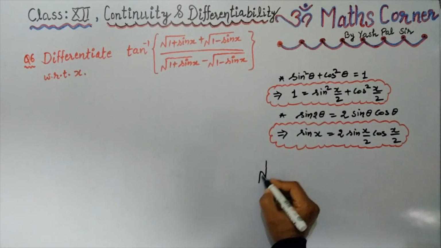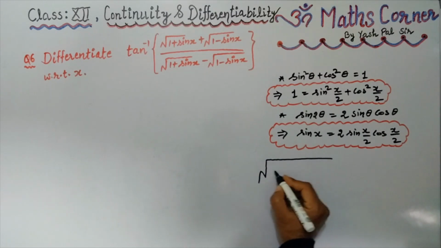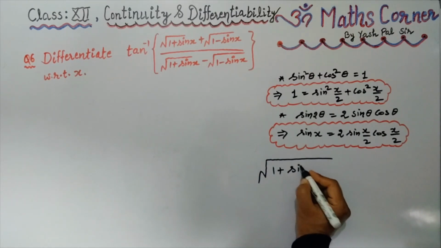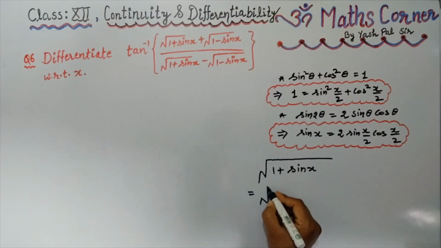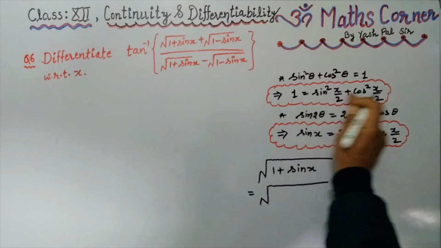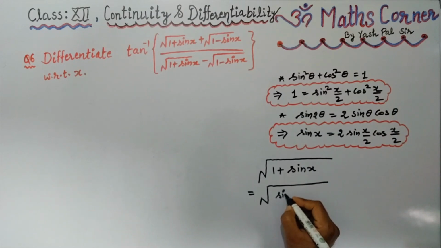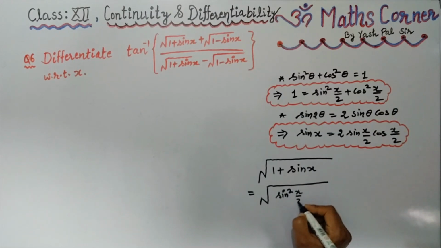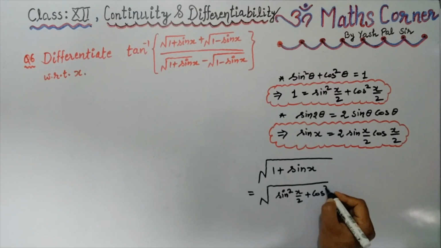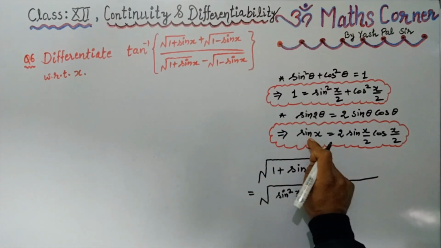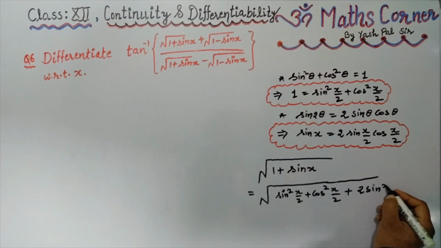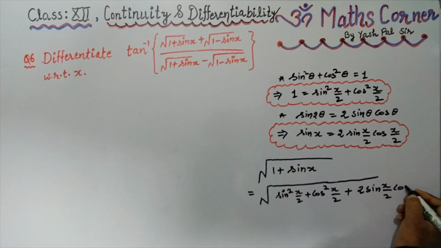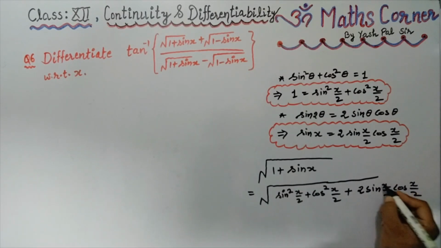This term, square root of 1 plus sine x, becomes square root of sine square of x by 2 plus cos square of x by 2 plus 2 sine x by 2 into cos x by 2.